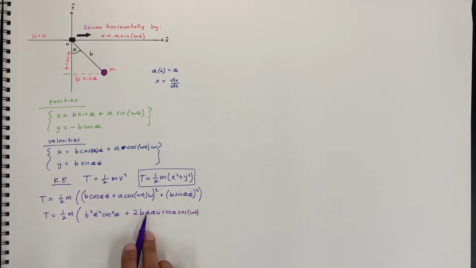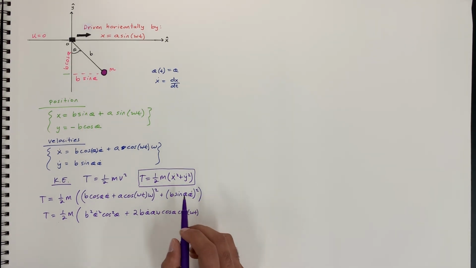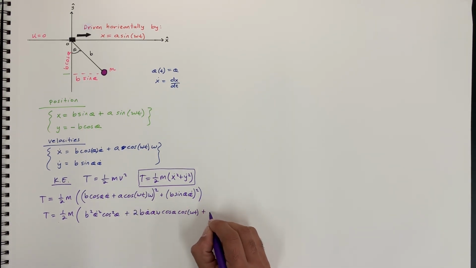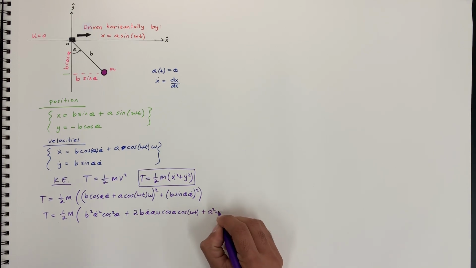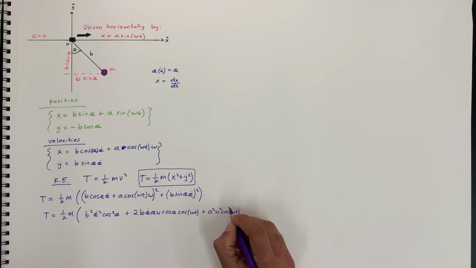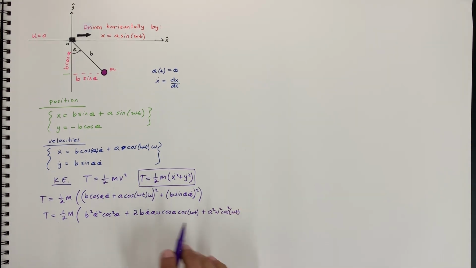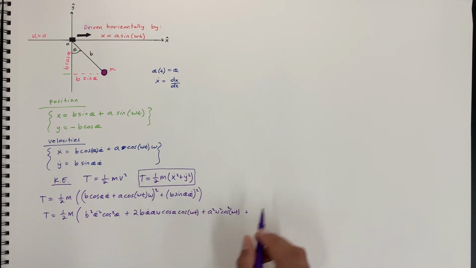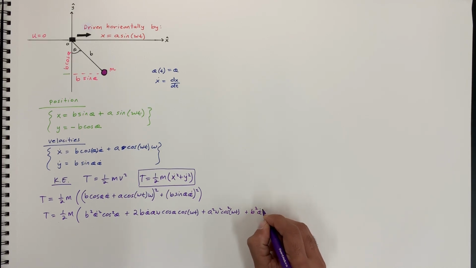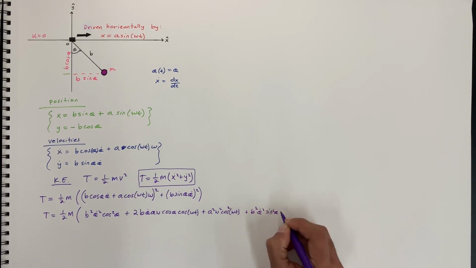Let's make sure we got everything: b theta dot a omega, and then both cosines. And then the last term from here is going to be plus a squared omega squared cosine squared of omega t. And that's it. Now plus the y dot squared term, which is going to be b squared theta dot squared sine squared theta.